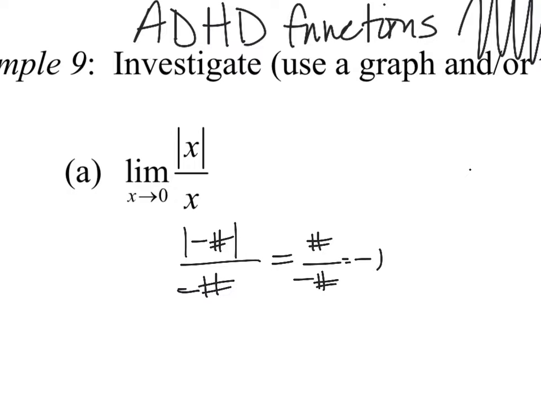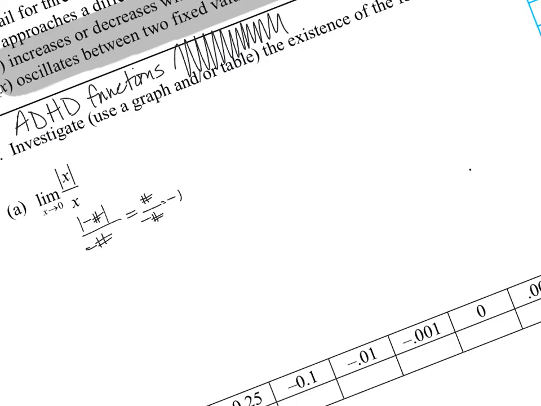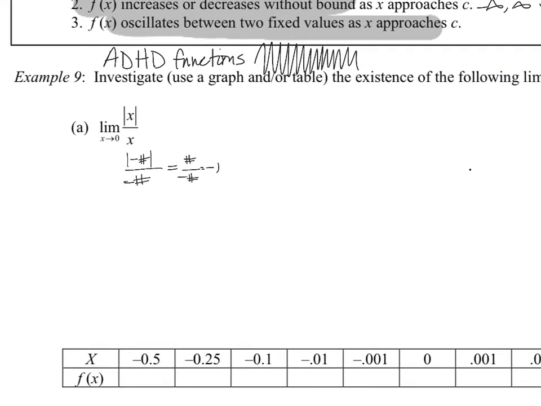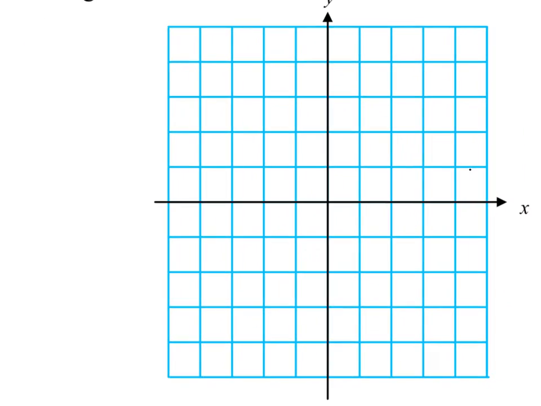If you're not quite sure how I got that, try graphing it on your calculator. But you kind of have to think abstractly here, right? So on the graph, for any negative number, we're going to get negative 1.